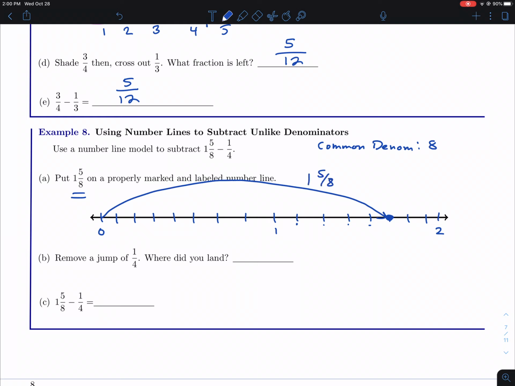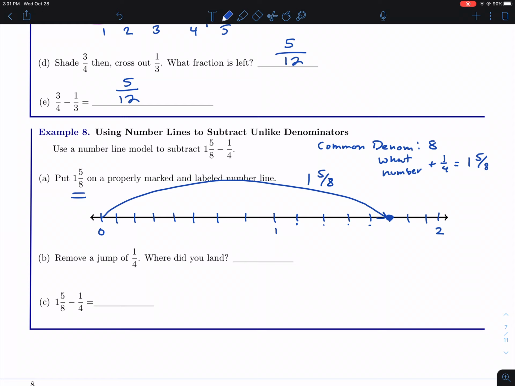Depending on how you want to think of this, it's either a subtraction or a missing addend. As a missing addend, we would say what number plus 1/4 equals 1 5/8. We kind of start with 0 and try to figure out what that would be.